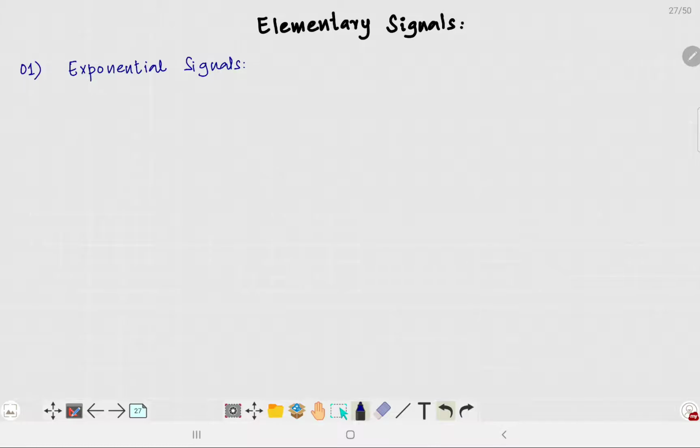Now, to be more specific, we will be discussing a real valued exponential signal. We will also be discussing a complex valued exponential signal, but that will be in the context of sinusoidal signals. So a real exponential signal has a general form.